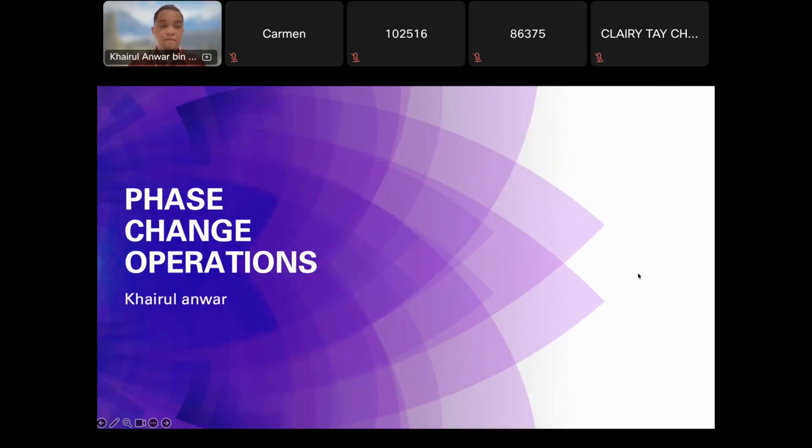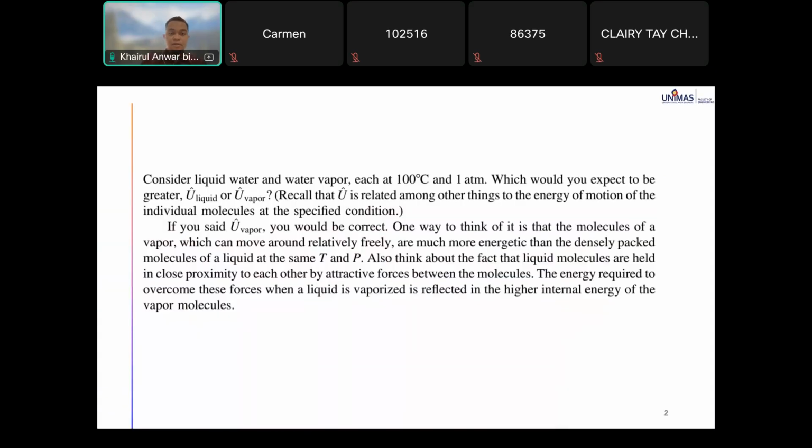So, continue with phase change operations. This is page 424. Consider liquid water and water vapor, each at 100 degrees C and 180 atm. Which would you expect to be greater, U liquid or U vapor?